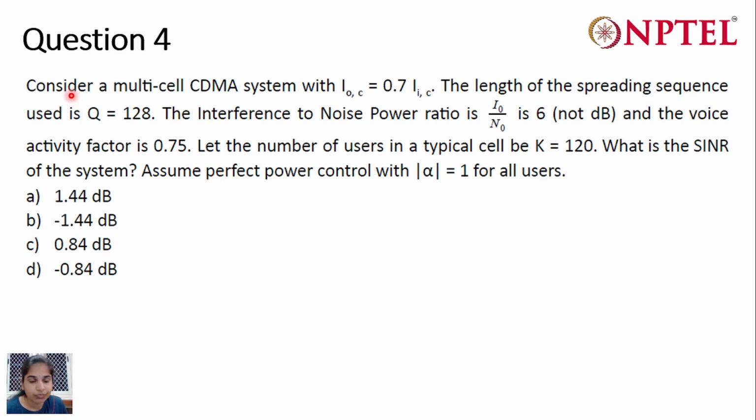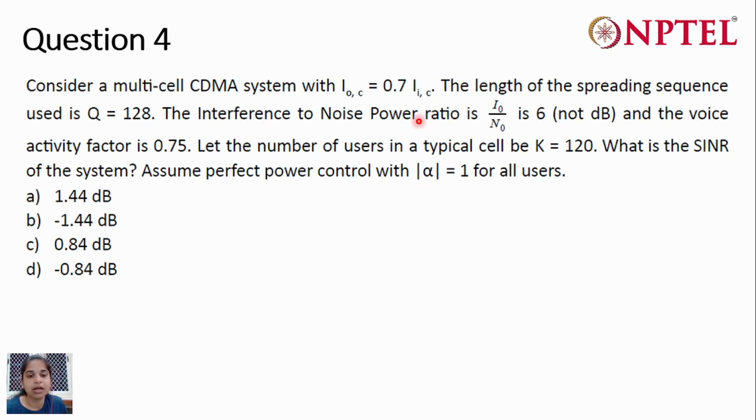So, we have a multi-cell CDMA system, and I of OC is equal to 0.7 of I of IC, and the length of spreading sequence is 128. I naught by N naught is 6, and the voice activity factor is 0.75. K is given. What is the SINR of the system?